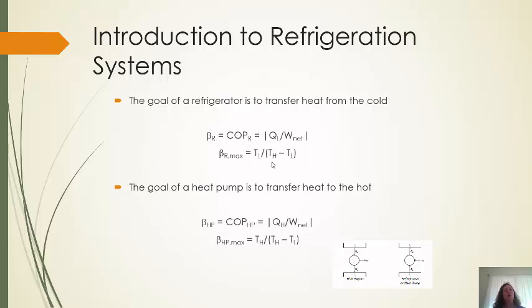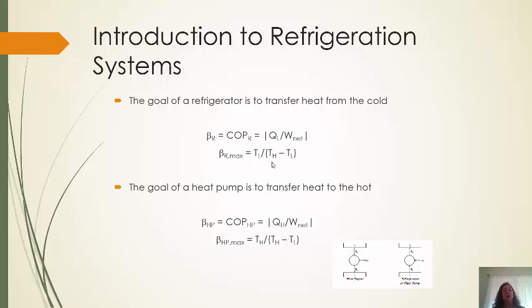So just a review of what we've covered earlier on refrigeration systems. The goal of a refrigerator is to transfer heat from a cold object into the surroundings, which are warmer. We measure that performance using a coefficient of performance, sometimes called COP, sometimes beta.